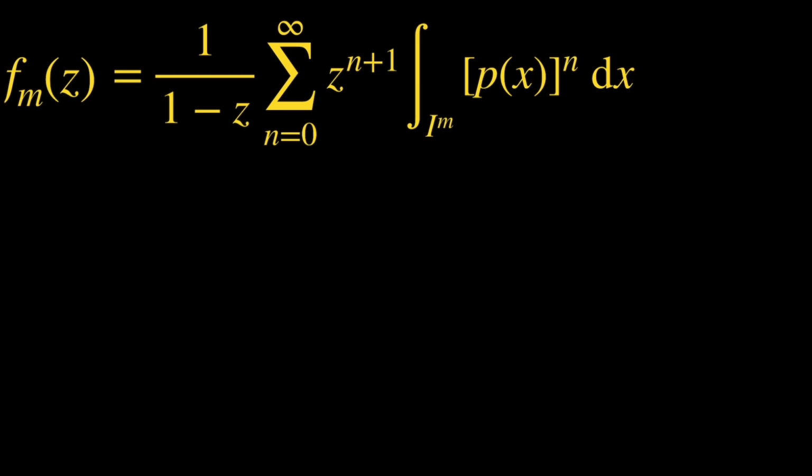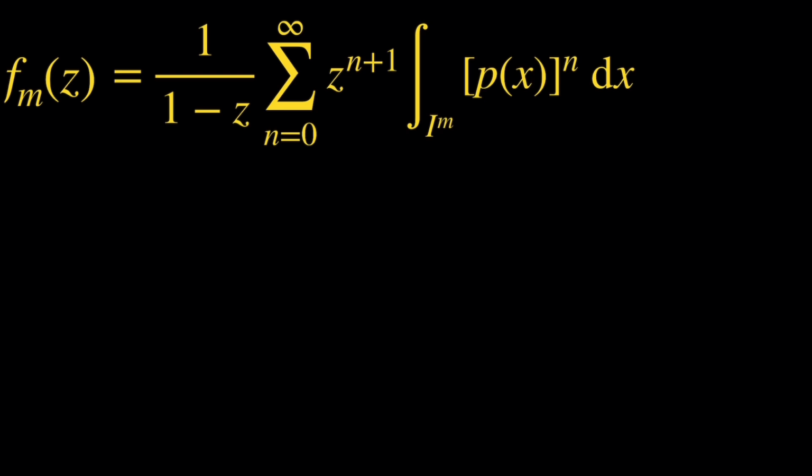Now again, we have the integral over the I^m cube of p of x to the n. Well, p of x to the n is simply a product of x_i's, so it's going to be the product of x_i^n as i goes from 1 to m.